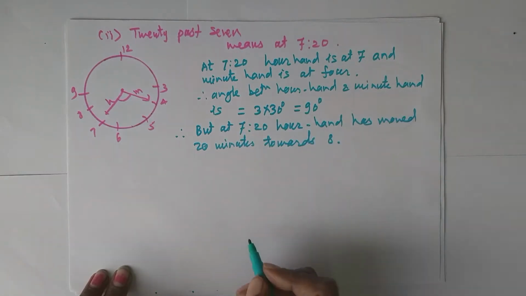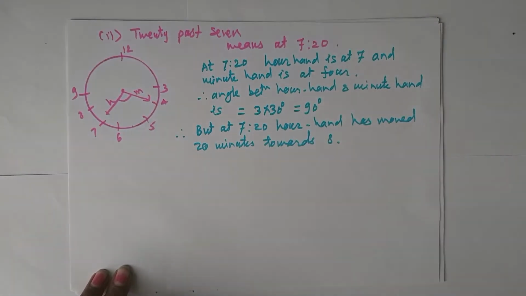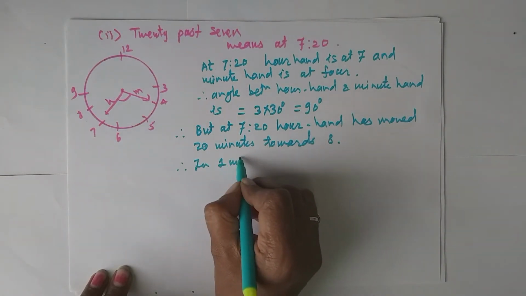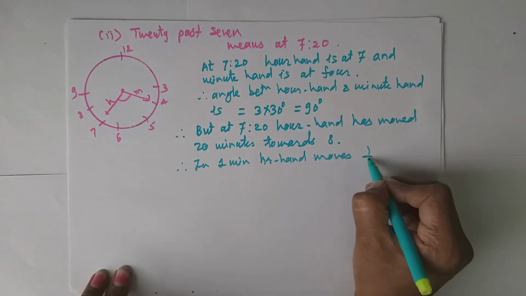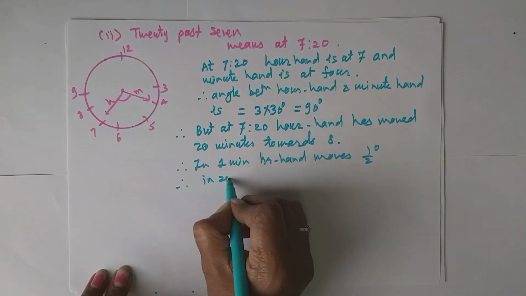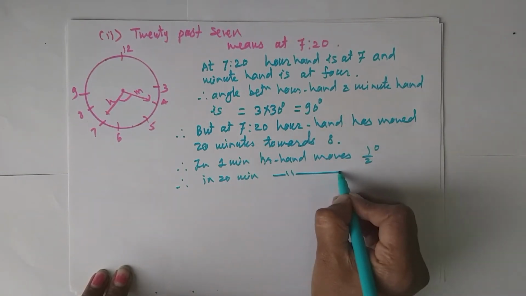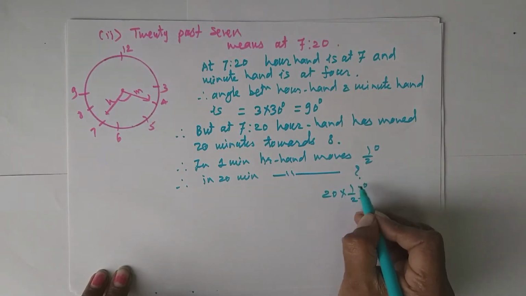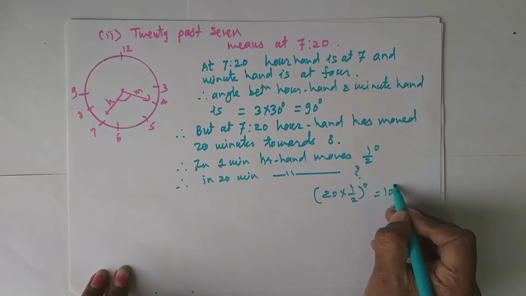Therefore, write down, but at 7:20 hour hand has moved 20 minutes towards 8. And we know that in 1 minute hour hand moves half degree. Therefore, in 20 minutes, hour hand moves how many degree? 20 into half degree, that is equal to 10 degree.